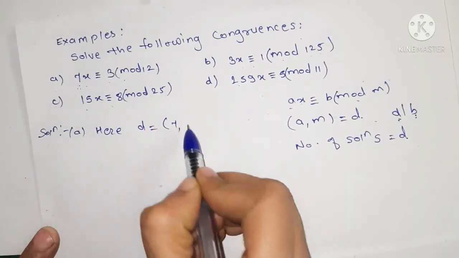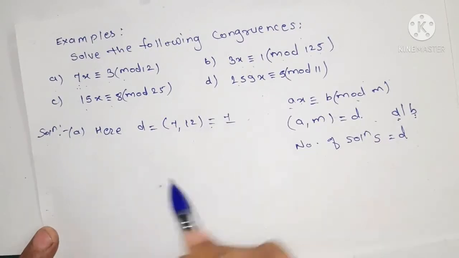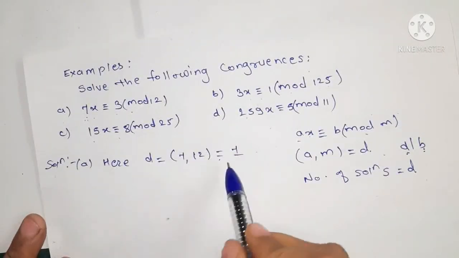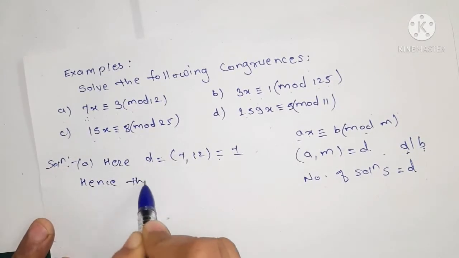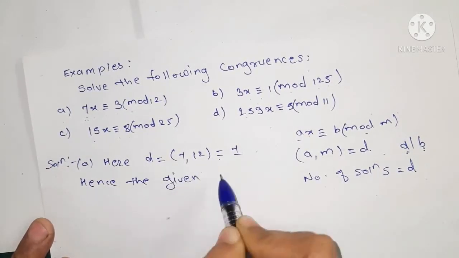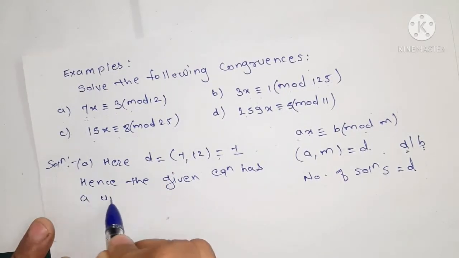So the GCD of 7 comma 12 is equal to 1. Hence the given equation has a unique solution.